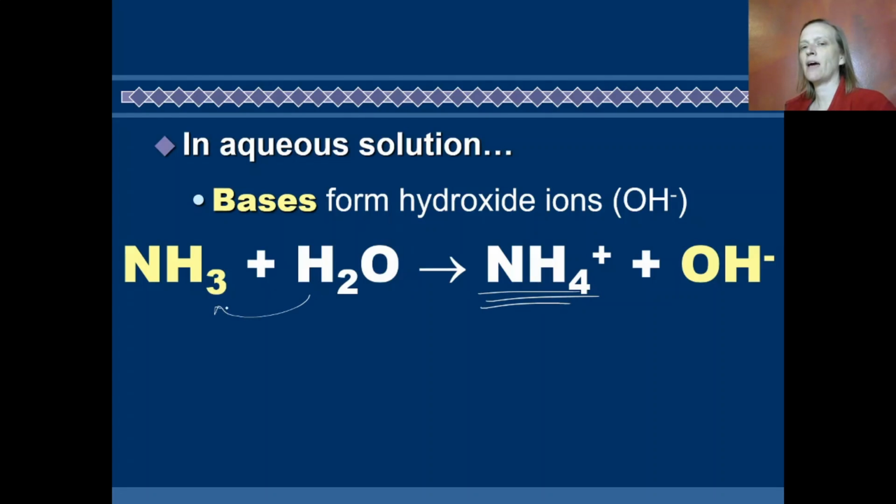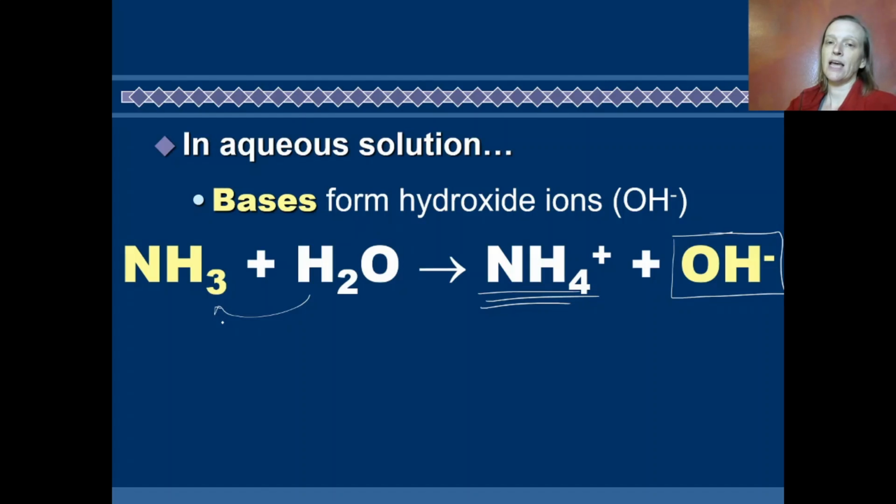And when that happens, water isn't water anymore, it's left as a hydroxide ion. So bases form hydroxide ions in solution. Sometimes bases form hydroxide ions because they've stolen a proton from water.